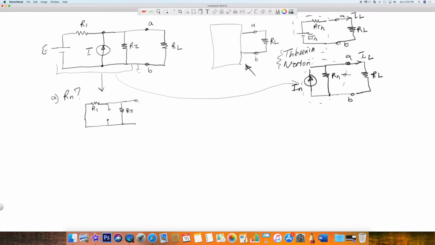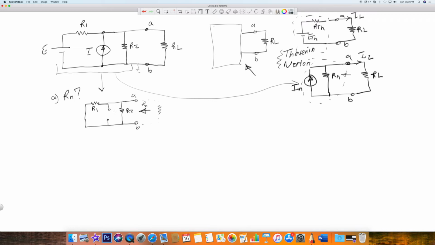Again, we are interested in the internal resistance seen in this manner, so we're looking at RN from A and B. Obviously, that will connect to the load later on.